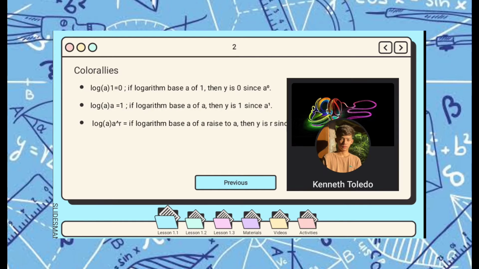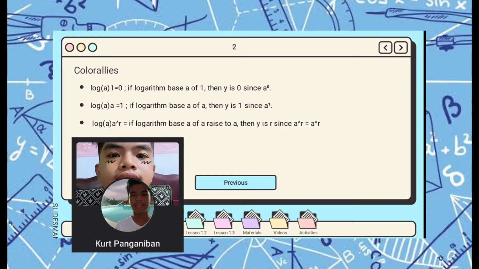Log base a of a equals 1. If logarithm base a of a equals y, then y is 1 since a raised to 1 equals a. Ang base daw ay a tapos ang equals to 1 ay yung exponent, kaya magiging a raised to 1 is equals to a. Log base a of a raised to r, then y is r since a raised to r equals a raised to r.